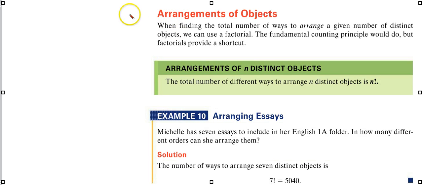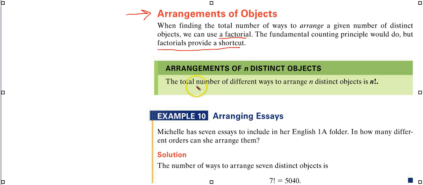Going on to arrangement of objects. When finding the total number of ways to arrange a given number of distinct objects, we can use factorials. The fundamental counting principle would do it also, but factorials provide a shortcut.